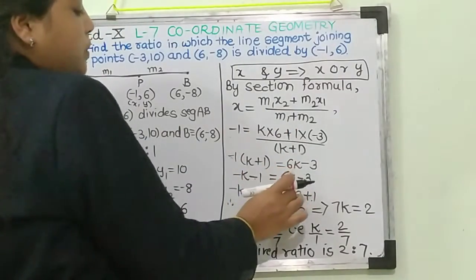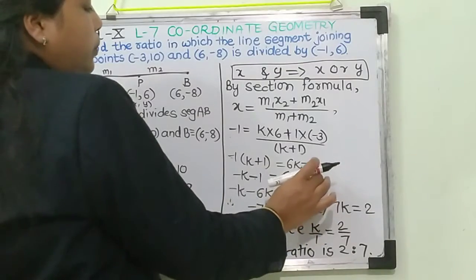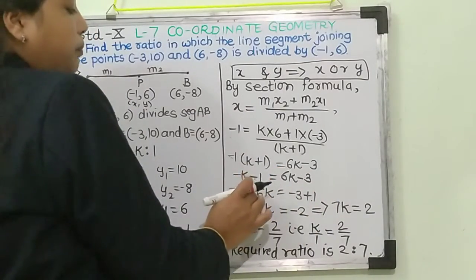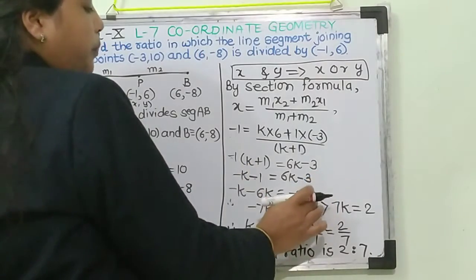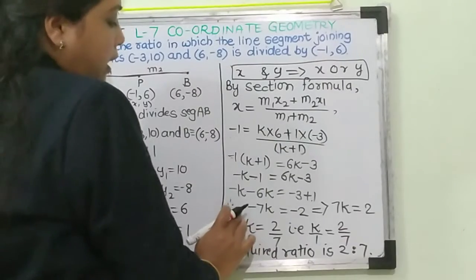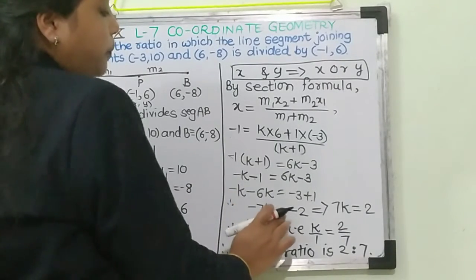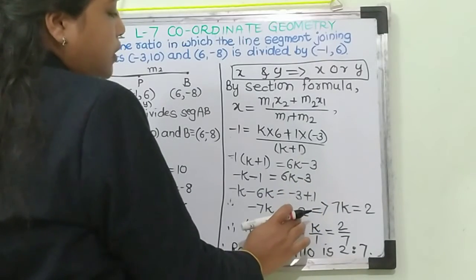Now k terms we are going to equate on one side, and constant terms on the other side. So 6k will come to this side, it becomes minus, and -1 goes to this side, it becomes plus. So here we get -k minus 6k, that is -7k, equals -3 plus 1, that is -2.